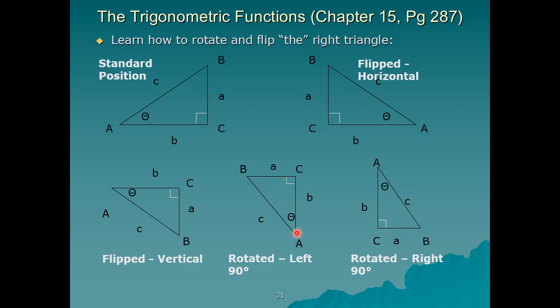For example, if this is A, this is the opposite side of A, right? And this is the adjacent side of A, right? Because this is the right angle, that means this is the hypotenuse. So no matter how the triangle is oriented, you should be able to identify these.